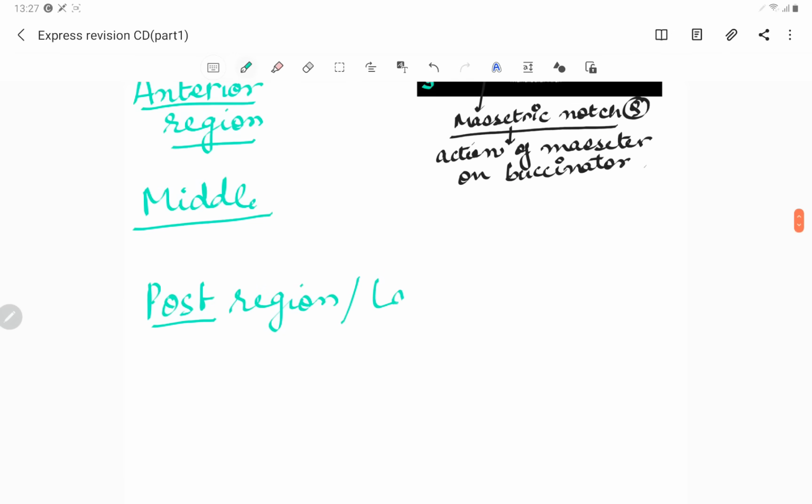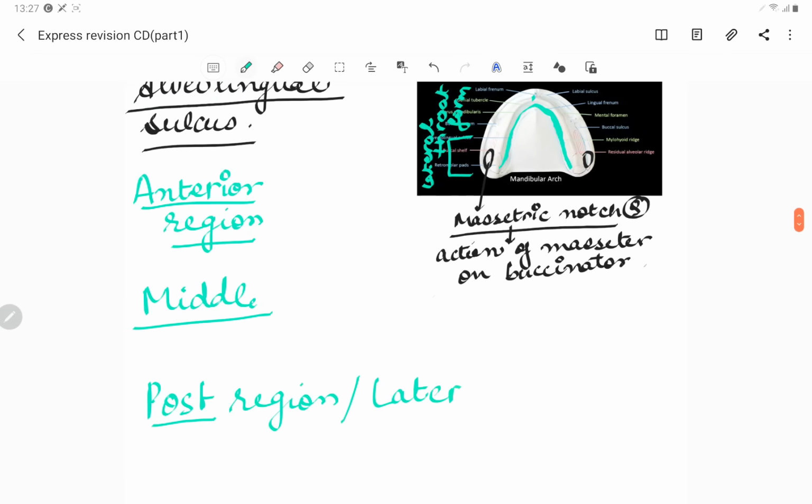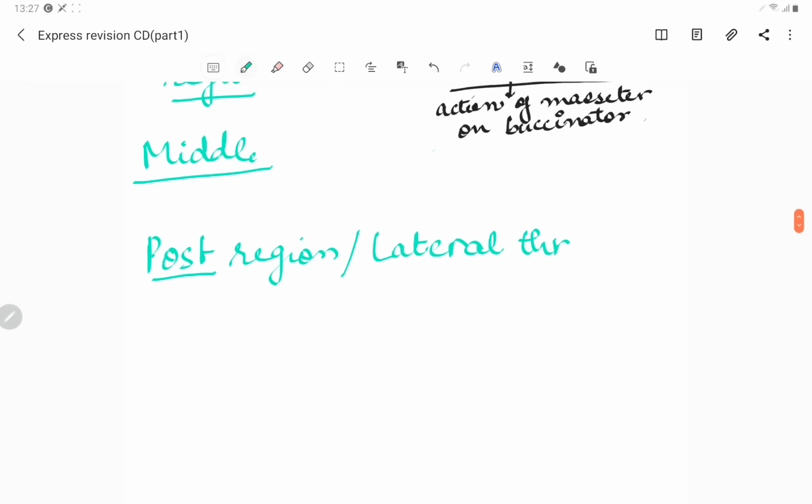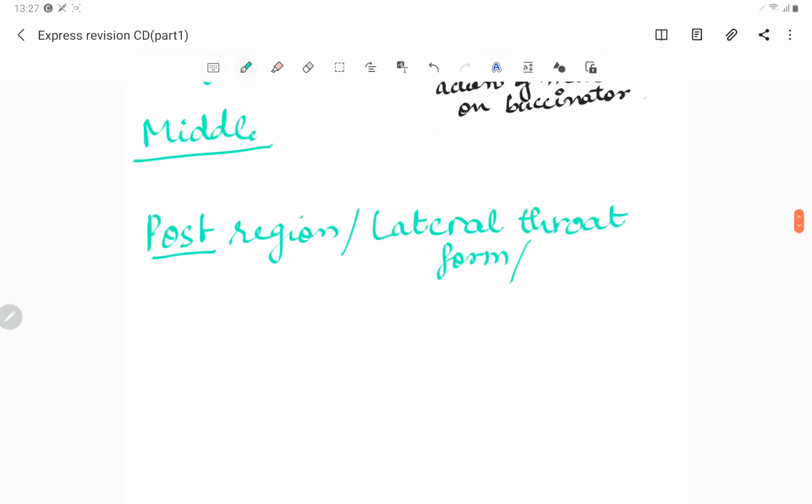So the posterior region of the alveolingual sulcus is the lateral throat form, which is also known as the retromylohyoid fossa, which we have just now covered, right.